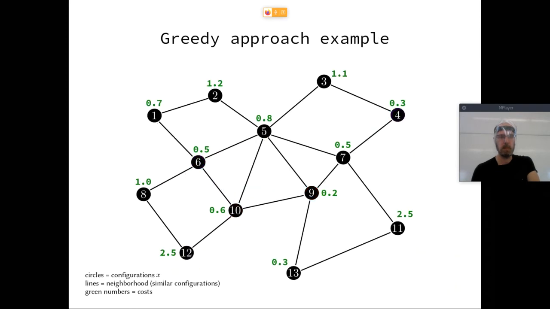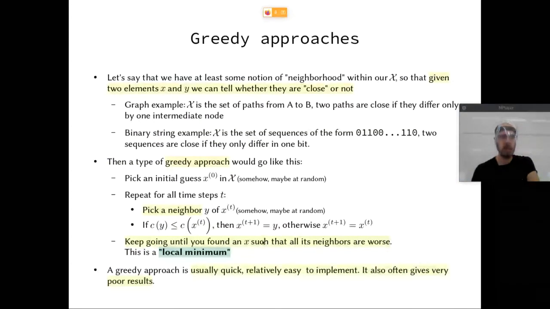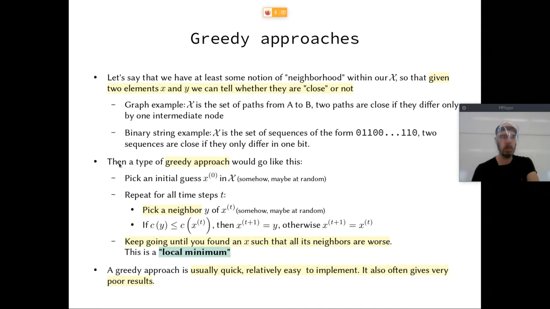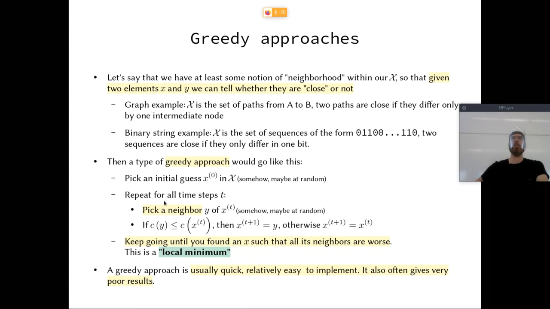As promised, let me go back here. There are a couple of other examples which I'm not going to cover because we'll see more than enough of them. This is a type of greedy approach in which you pick an initial guess, call it x0, possibly at random. Then repeat for a few time steps, maybe with a maximum number of time steps if you don't want to spend all eternity.